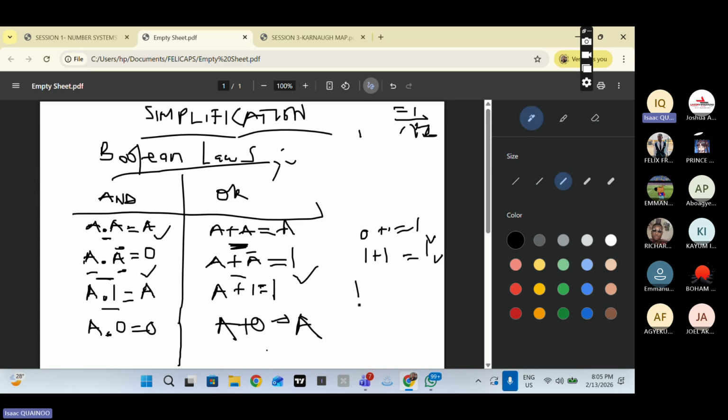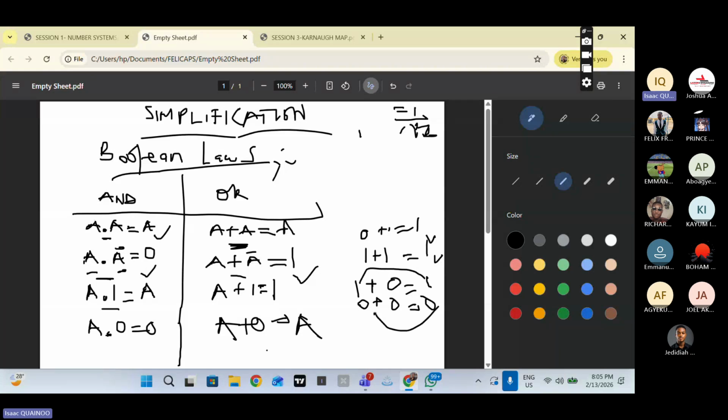Our input combinations can only be 1 and 0. So we have 1 plus 0 for this, 0 plus 0. When we are dealing with OR, if at least one of our inputs is true, the output will be true. Here none is true, so we return a false. So at the end of the day, our output is still the same as our input.